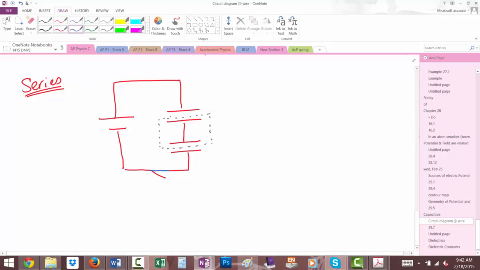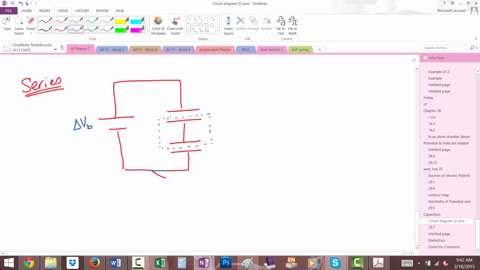Now I shut this. So now the potential difference that is across here, delta V sub B, is causing an electric field to cause charges to move. Would you agree? Now, what's going to happen as those things charge up?